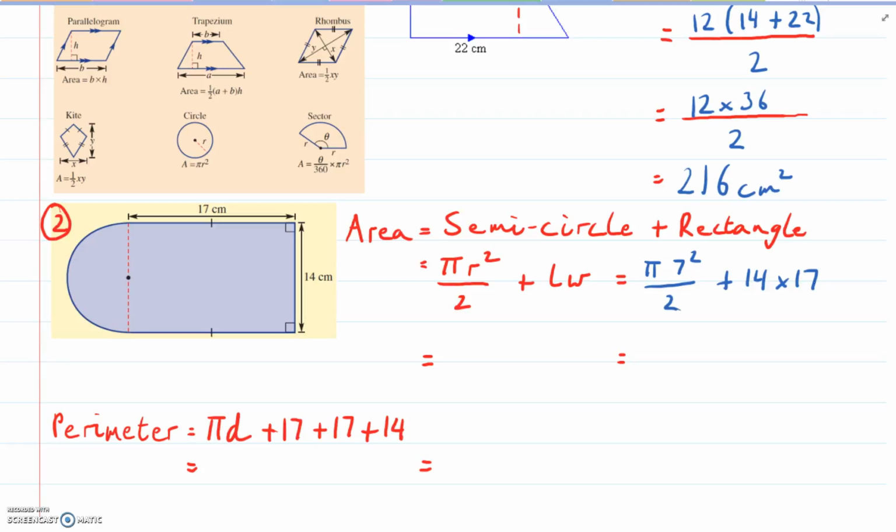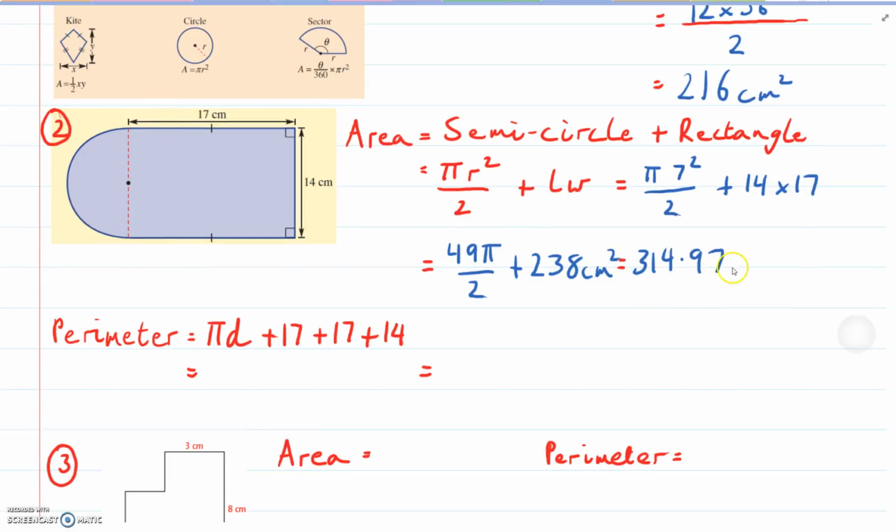So that becomes 49 pi over 2 plus 238 centimeters squared. So that's an exact value, and if we wanted to put that as a decimal, that's 314.97 centimeters squared. So exact value, decimal.